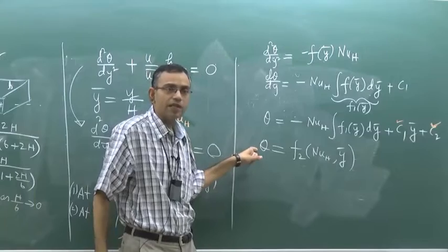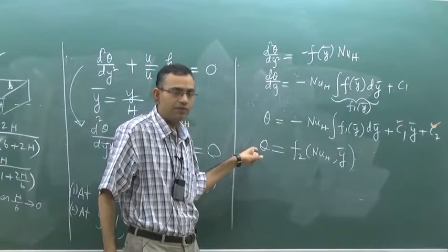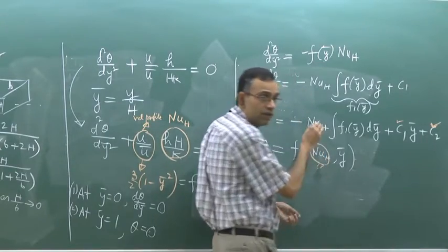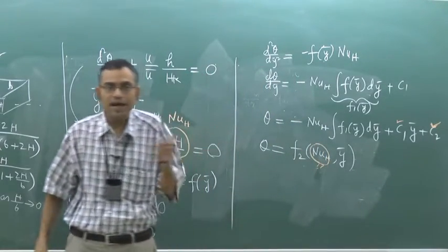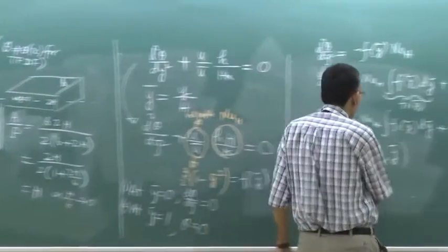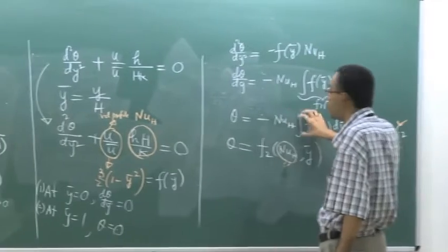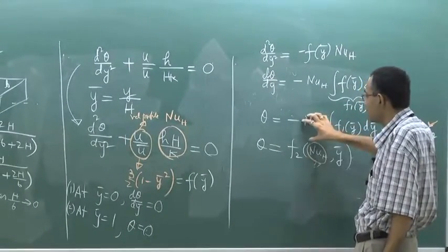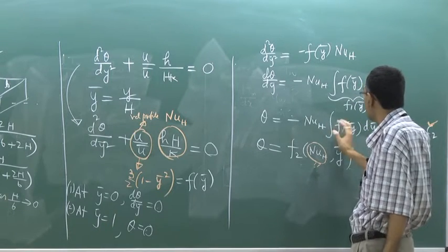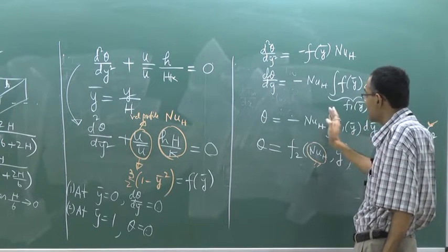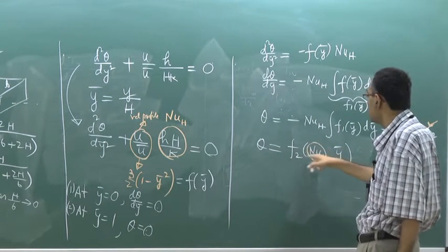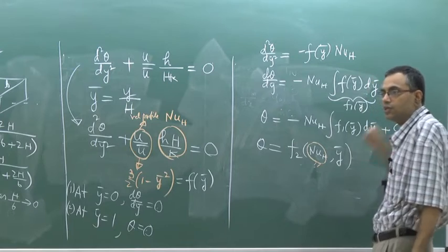But this does not tell you explicitly theta as a function of y because you still do not know the value of the Nusselt number. In fact, obtaining that is the objective. And remember that although I have written it as a function of Nusselt number and y, actually Nusselt number is separated from the function of y, because it is not mixed with y. Nusselt number is outside this integration. So it will come out to be Nusselt number into some function of y.